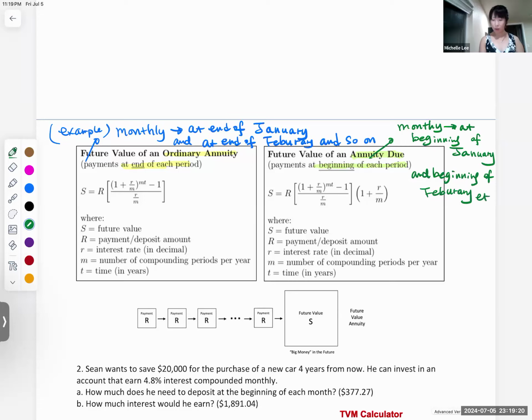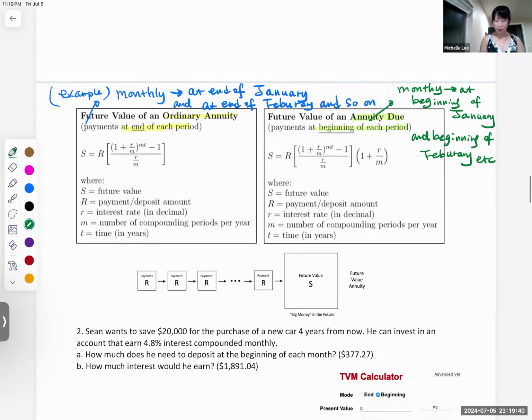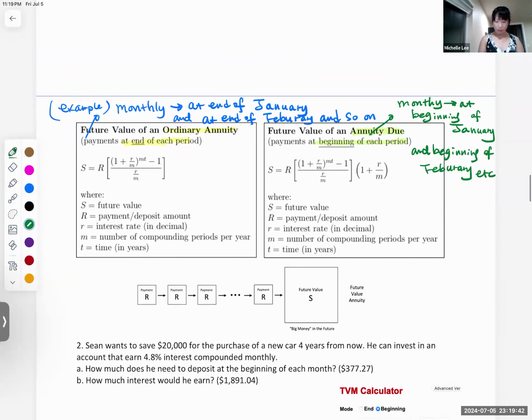And we can keep doing that, right? Okay, so you guys understand what's the difference? Ordinary annuity and annuity due, right? Okay, this is the formula, but it's too much, right? So we are not using the formula, we are using the TVM calculator. So let's take a look at this one.